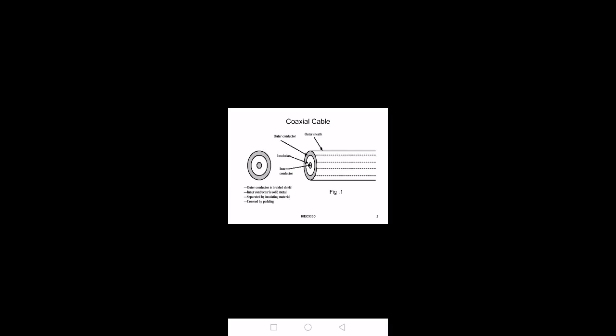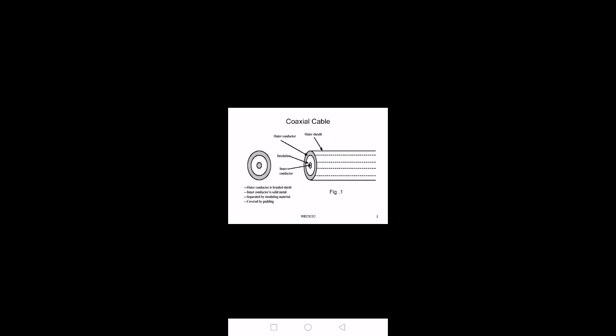So, in coax cable, compared to twisted pair where the wires are twisted, here we are using an inner conductor and an outer conductor, separated by a metal shield, and the total equipment is covered in an outer encapsulated plastic shield.